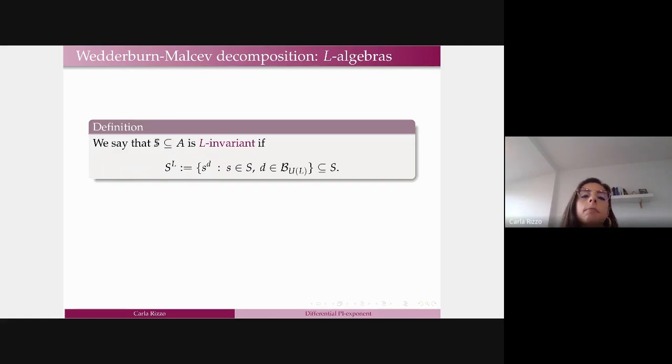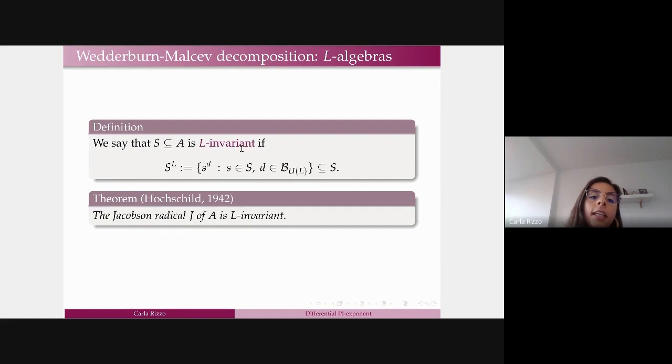If we have any subset S of A, which can be a subalgebra, an ideal, whatever, we call it L-invariant if S acted on by the elements of the basis of the universal enveloping algebra stays inside S. If this is satisfied, we call it L-invariant.